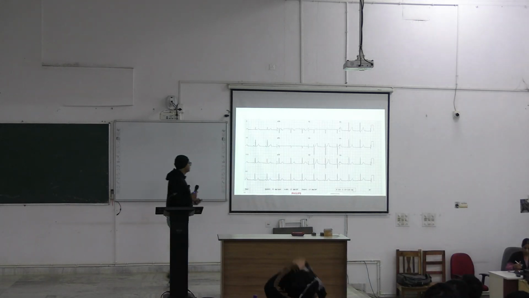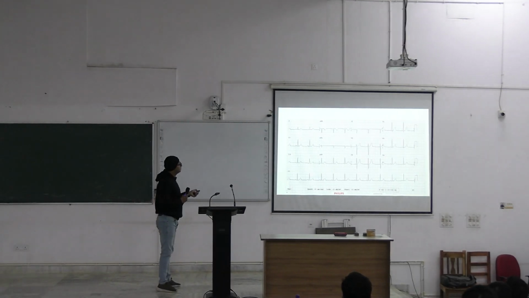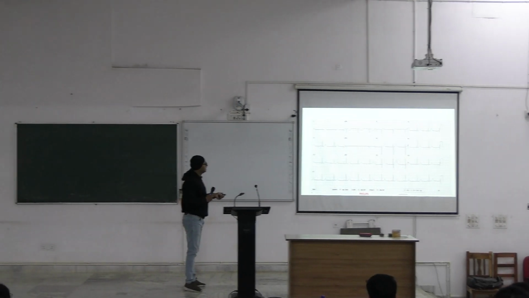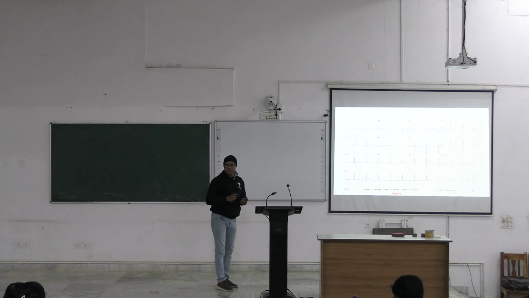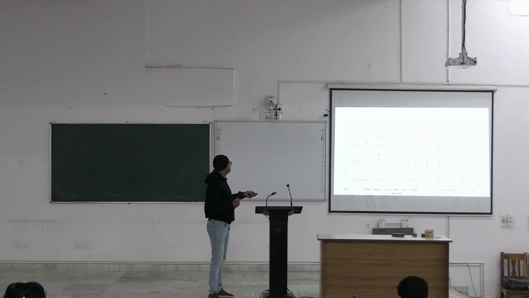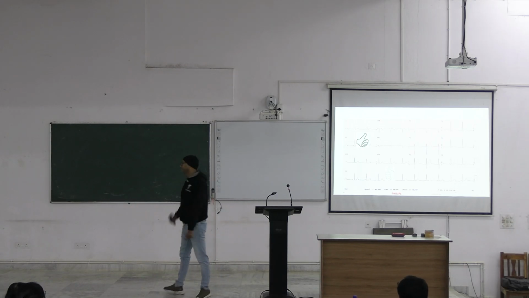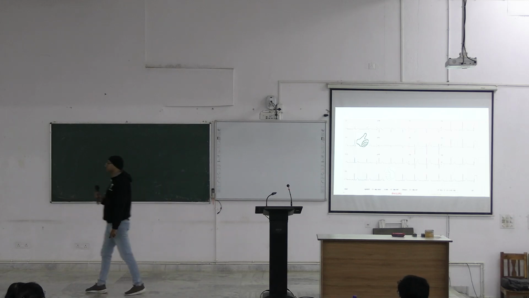So, say for example, this ECG. We have seen lead 1 is predominantly upward and lead AVF is also predominantly upward. So, left thumb up, right thumb up. So, it is normal axis.